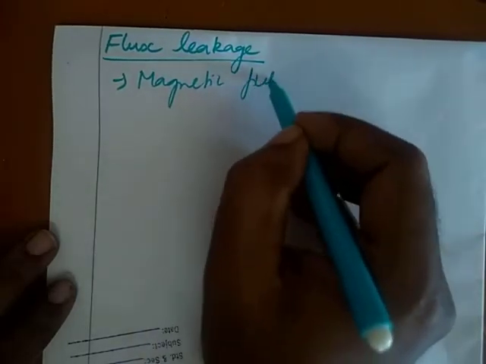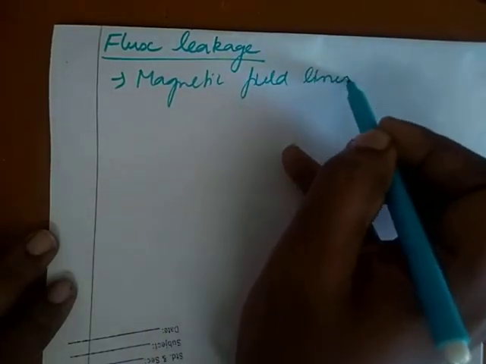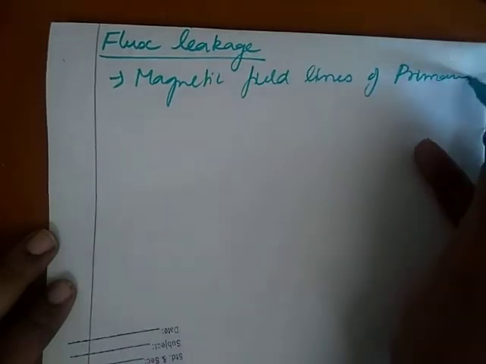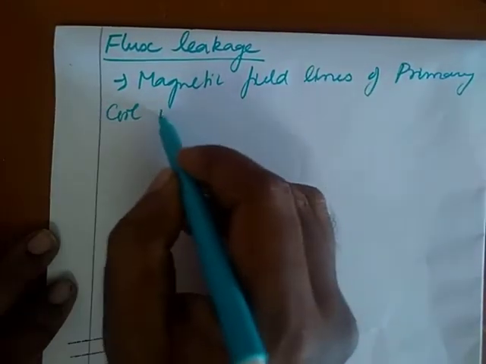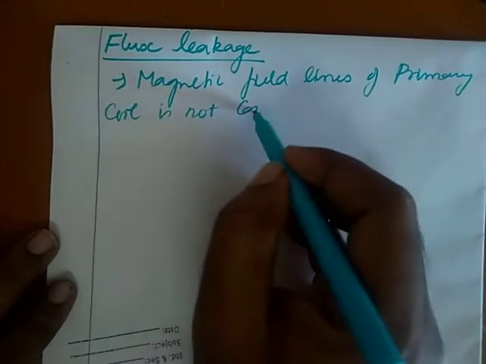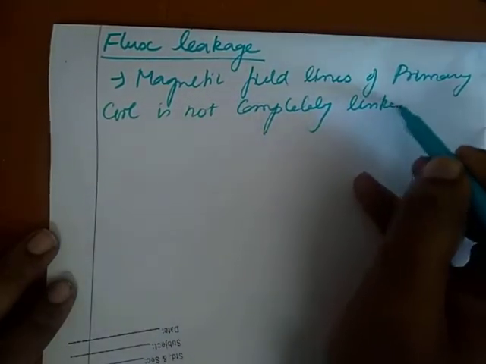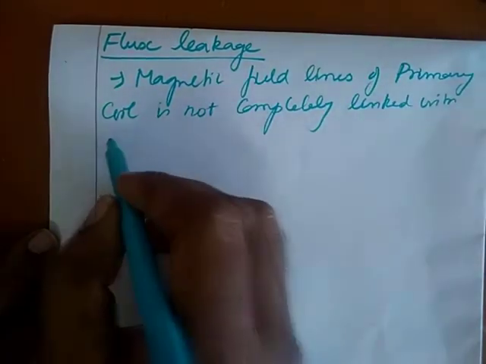Magnetic field lines of the primary coil are not completely linked with the secondary coil.